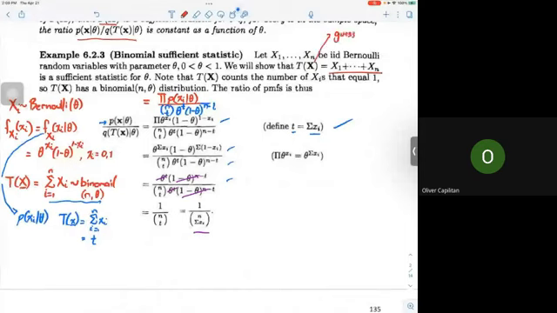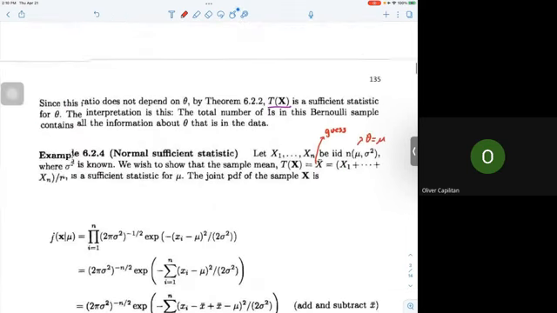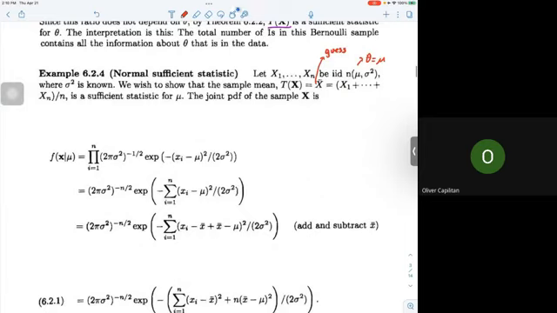Say for example, what I will give you is a random sample and you find a sufficient statistic for it. So you will guess what the sufficient statistic is for our sample. In this case, our random sample is normally distributed, and we guess that the sample mean is a sufficient statistic for our population mean mu.